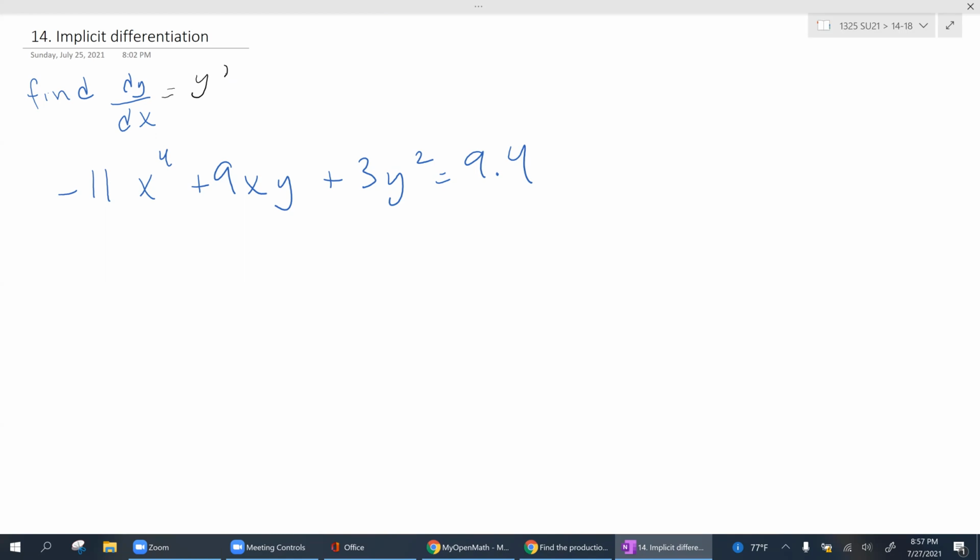If you notice, this is the majority of Cal 1, of this calculus course, it's just taking derivatives. The only thing here is that some of our x variables are going to be multiplied by a y. Whenever that happens, I'm going to need to apply product rule.